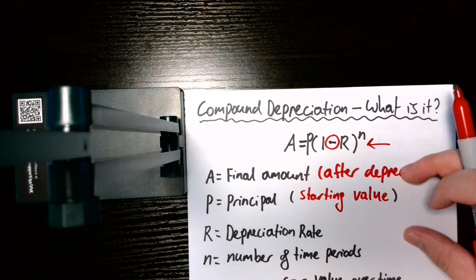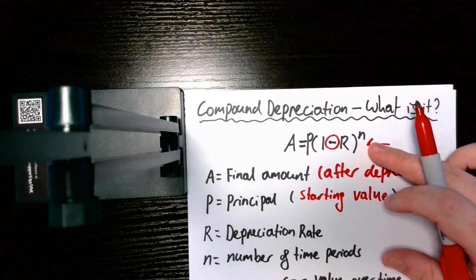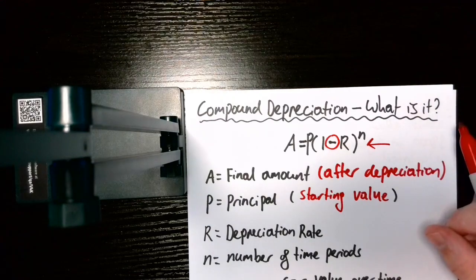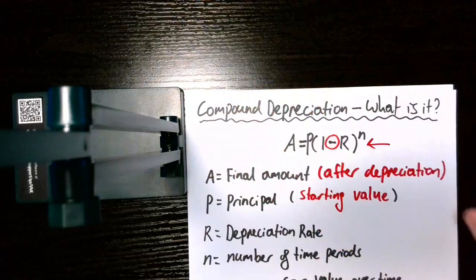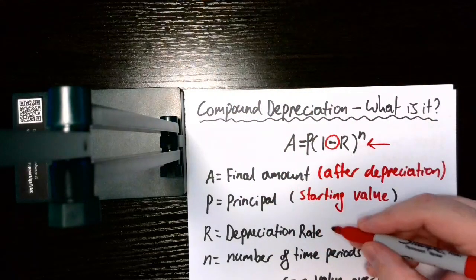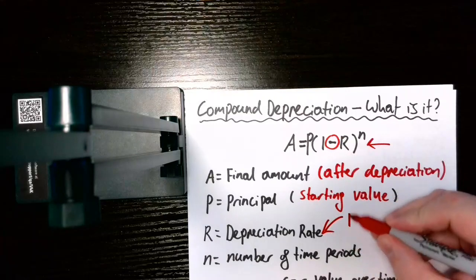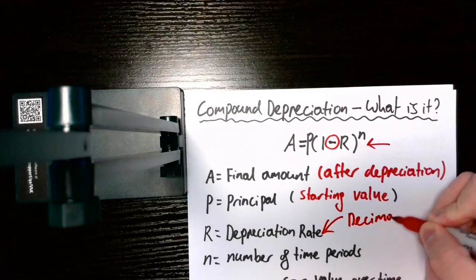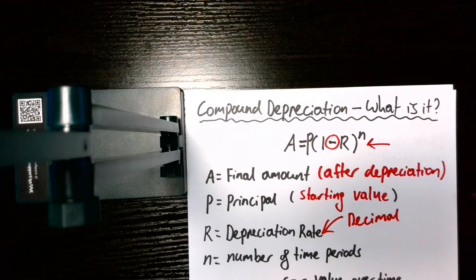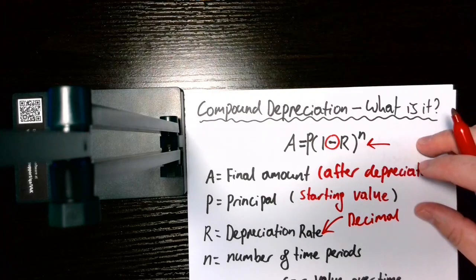It's almost identical to the way that we would answer a compound interest question, with A being our final amount that we end up with, P being our principal, so what we start with, R our depreciation rate, which we often write as a decimal, and I encourage you to do so in the questions that we do today, and N being our number of time periods, or our compounding periods, as we would have said when we were talking about interest.